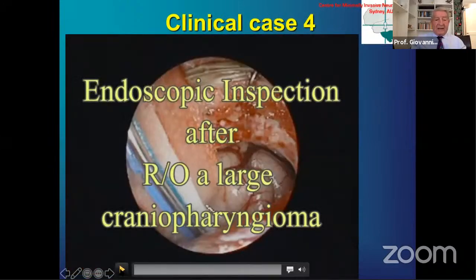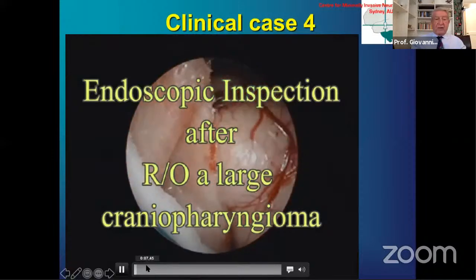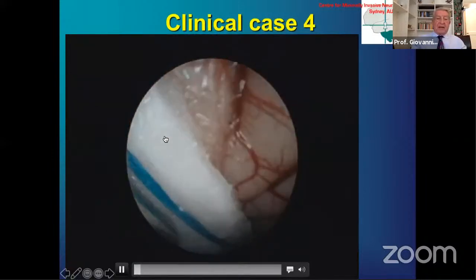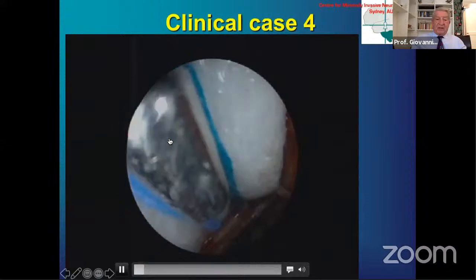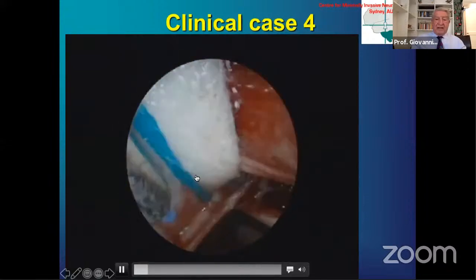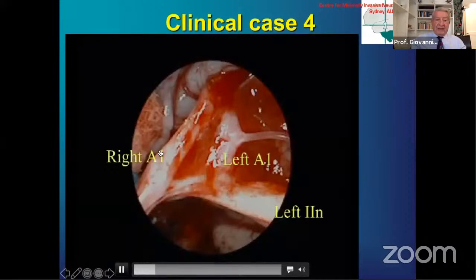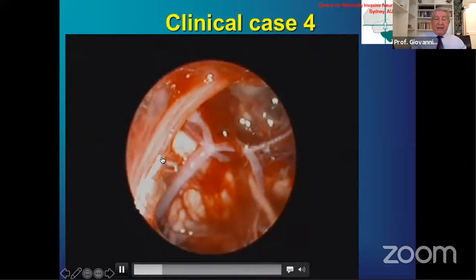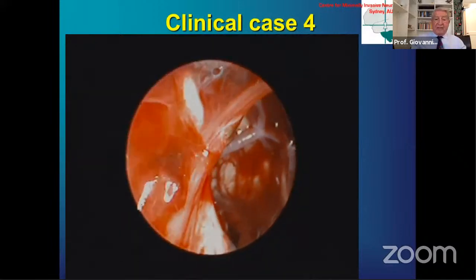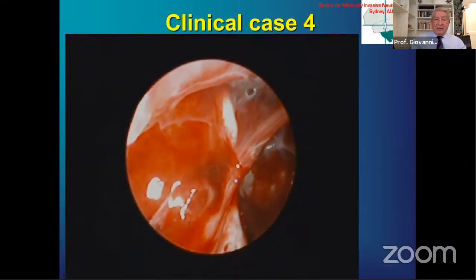Another case of just going around in the basal anterior skull base. You see here that it's quite important always to have an anatomical situation, the recognition of the different structures.